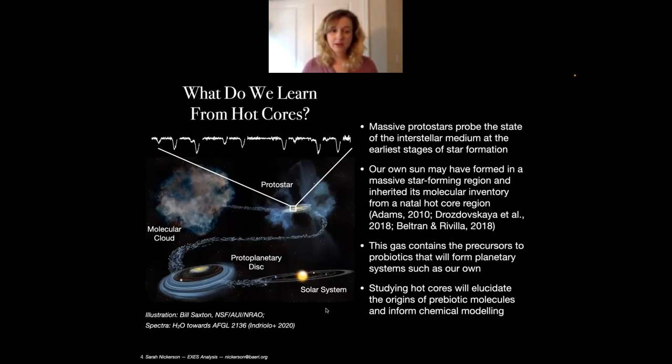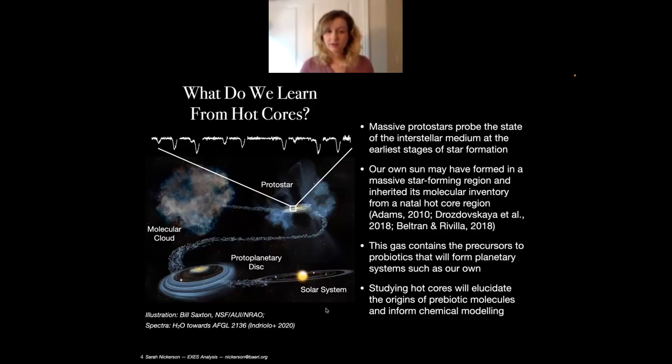There are some wide-reaching implications of the study of hot cores. These massive protostars act as flashlights that are probing the state of the interstellar medium in the very early stage of star formation.